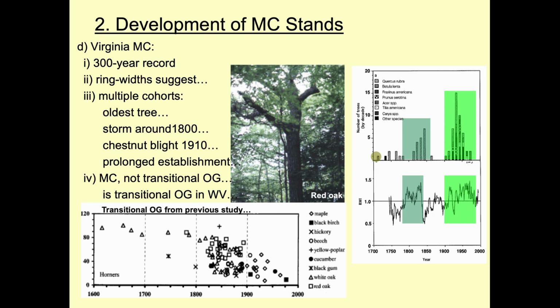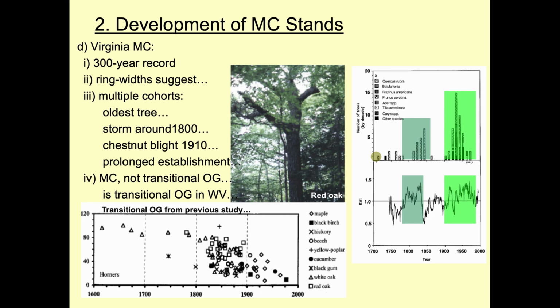So in a previous study, we looked at those white oaks from a similar area, and those white oaks in West Virginia did show continuous establishment of shade-tolerant trees over the past 200 years due to continuous death of white oak trees, and thus was an example of old growth forests.